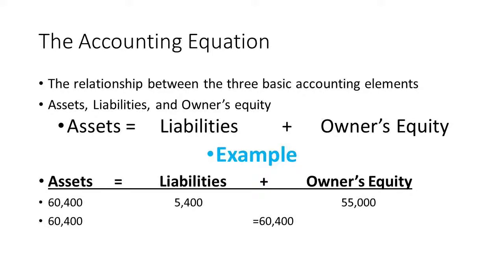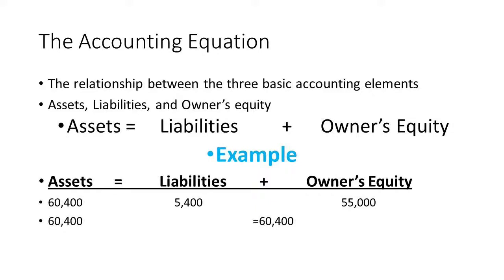So in this example, I have in my assets $60,400. I also have under liabilities $5,400. And then owner's equity has $55,000. So let's apply the equation here.